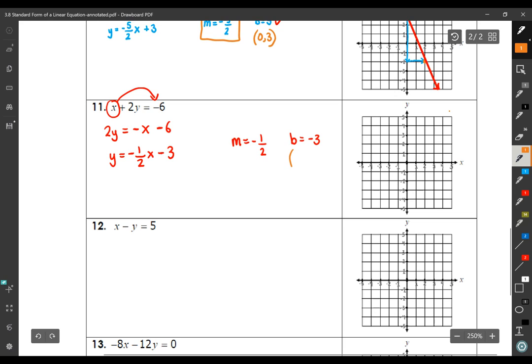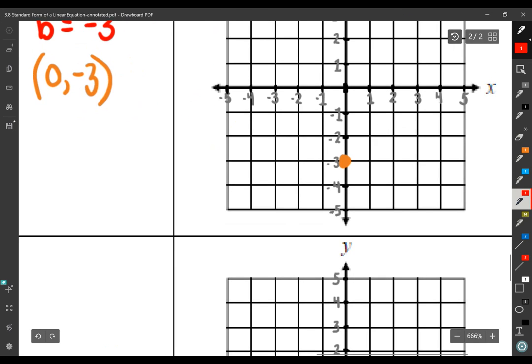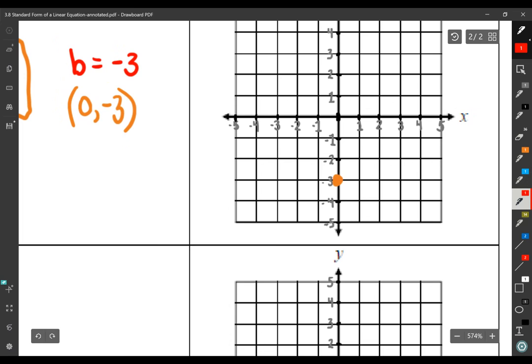Okay, so I start with my y-intercept. Put my first point down. Now I use my slope to get my next points. So this means down 1 over 2. Down 1 over 2. Do it again.